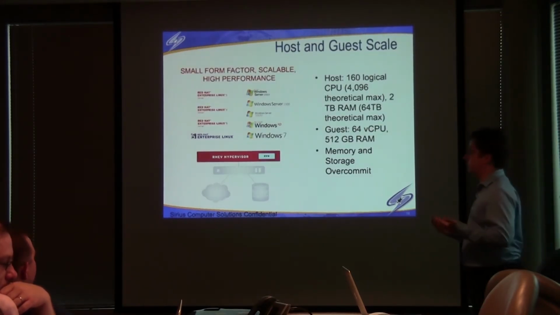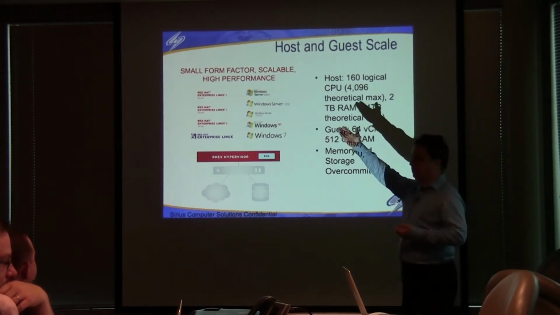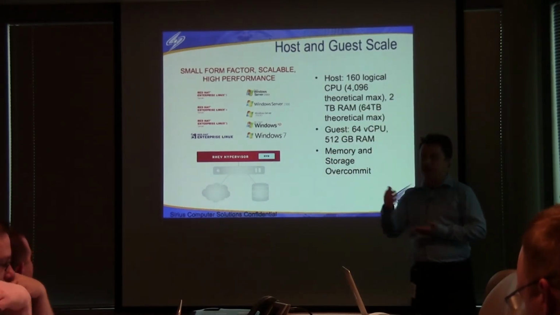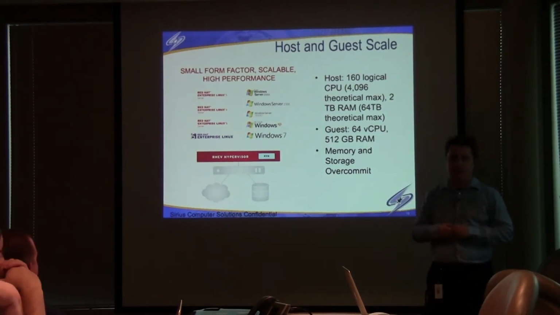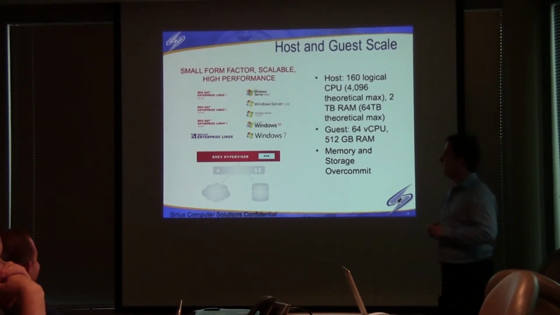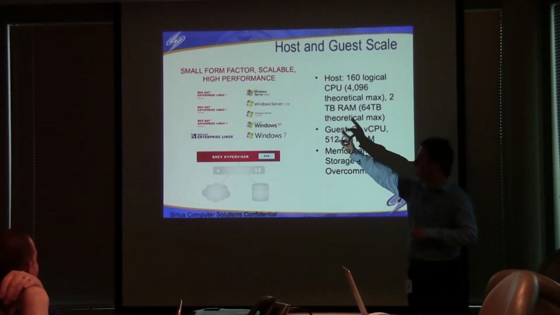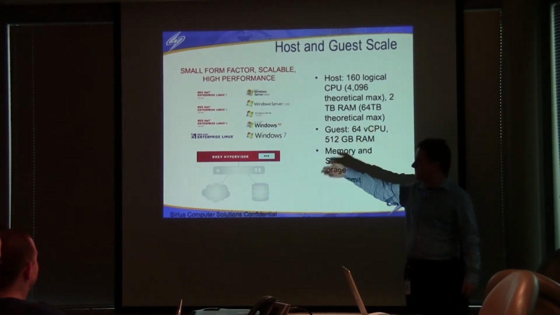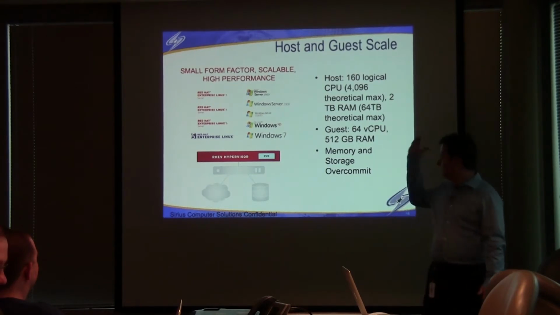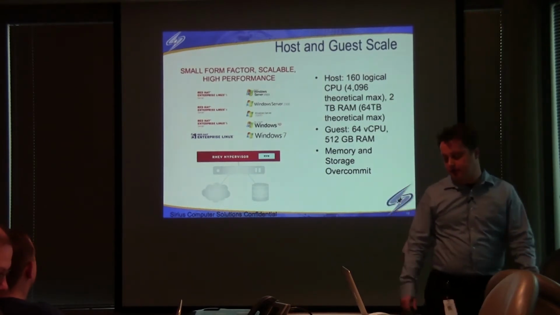So what does it support right now? Translating to RHEL, if you're running CentOS, it will run just fine, or Oracle Linux. And in Windows, 7, XP, 2008, so the basics.